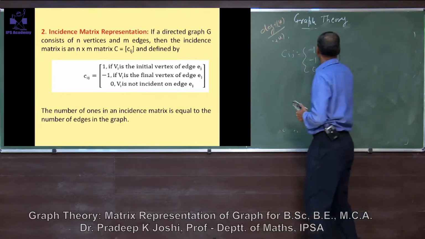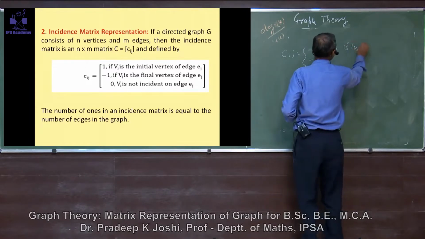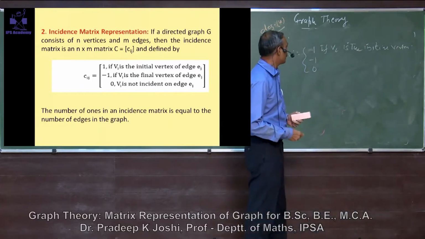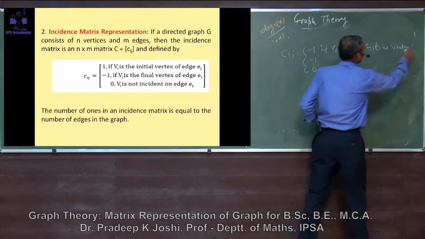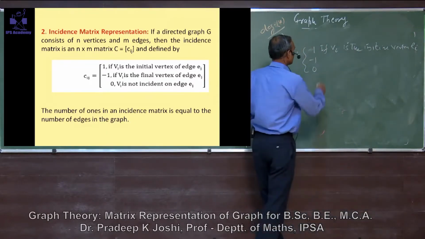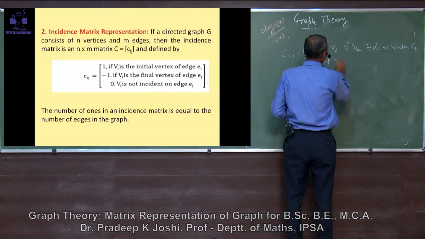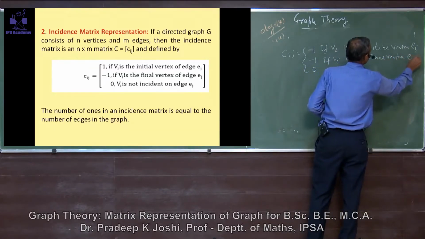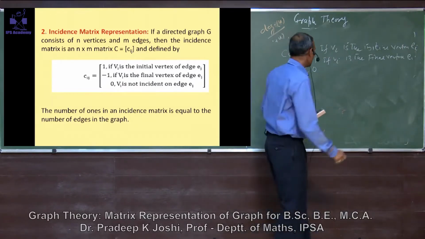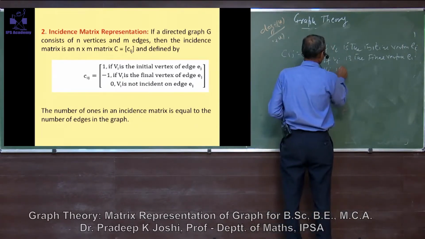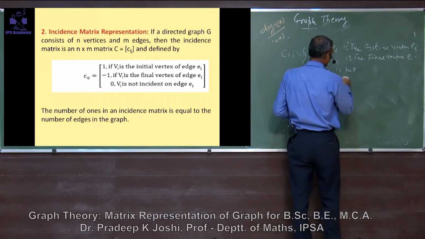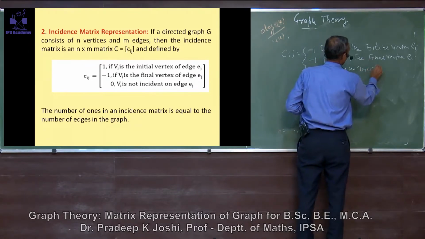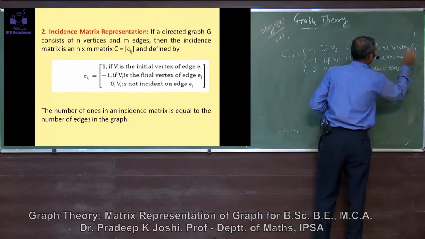So 1 if Vi is the initial vertex of any edge Ei, then put 1. -1 if Vi is the final vertex of Ei, then put -1, and 0 if Vi has no incidence on edge Ei, then put 0.